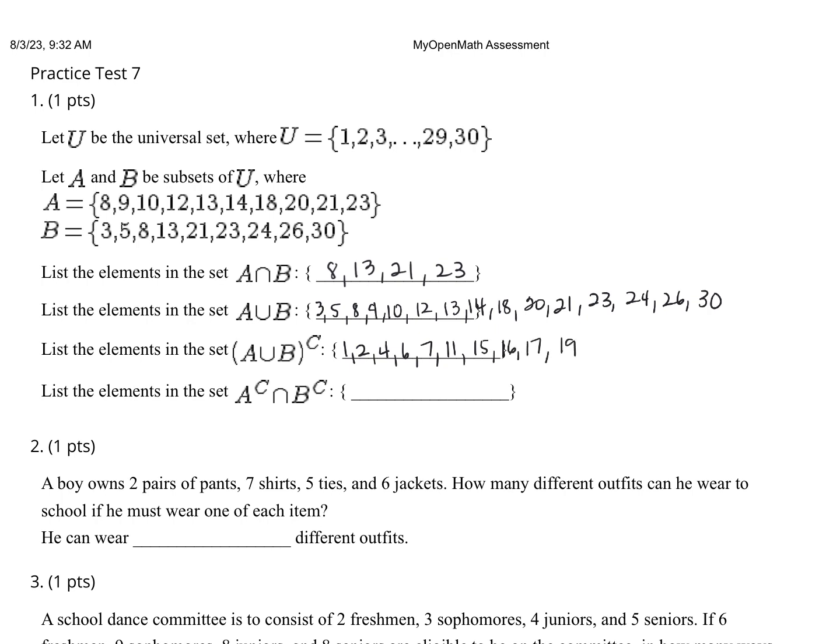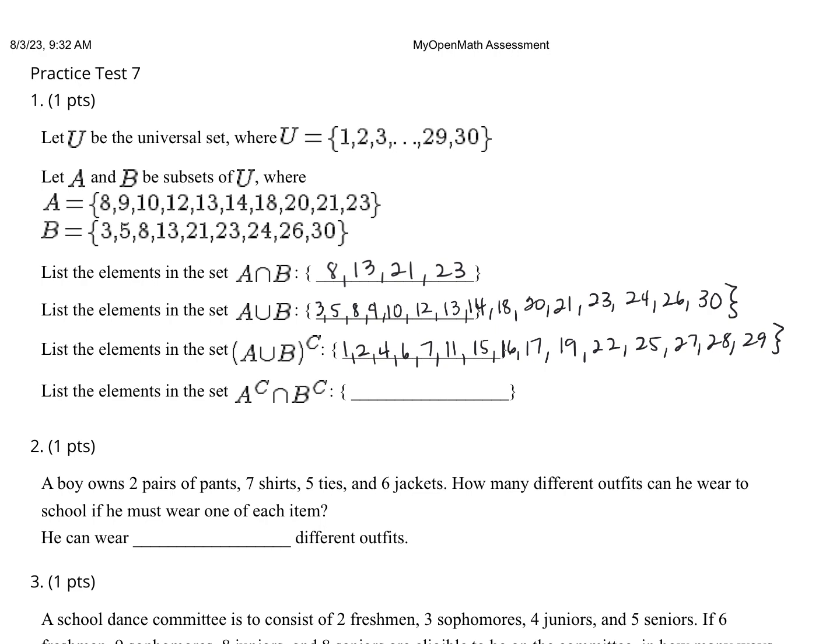So you see we're just listing everything that's not in the list above. That's the complement. So that will be the list of elements in the set A union B, the complement of A union B.